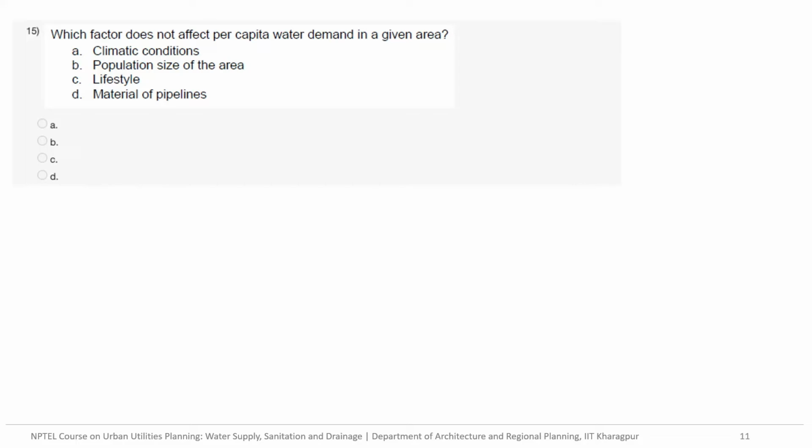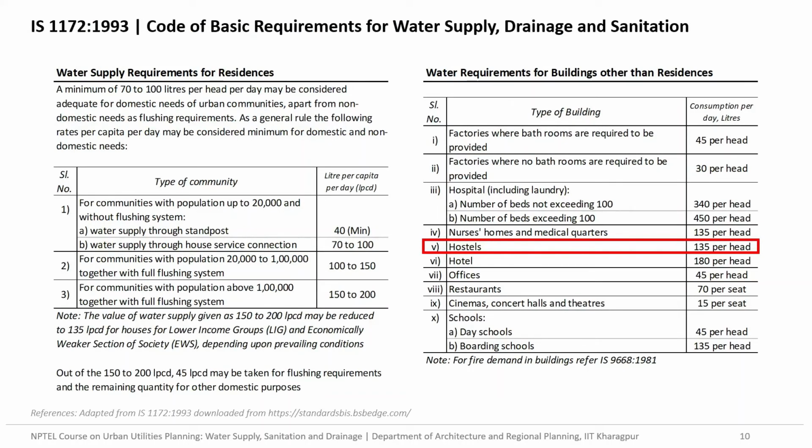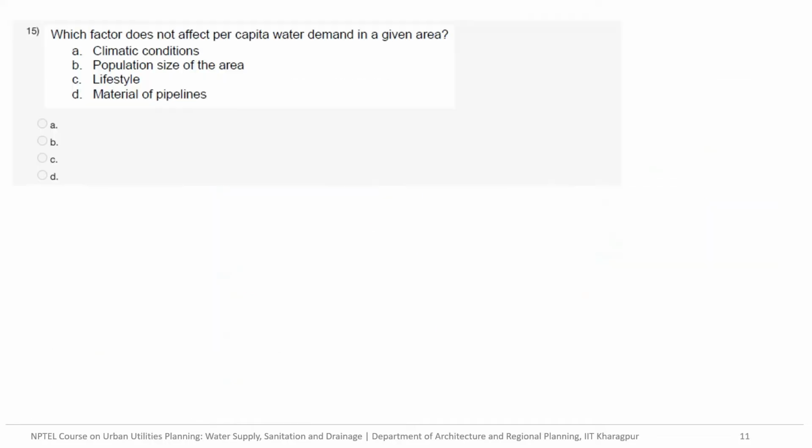Say population size of the area, as we had just seen, a population less than 20,000 would cater to a smaller LPCD. Population more than 20,000 will have a higher LPCD. Why is that the case? Basically, there is a minimum amount of water consumption per city, no matter what the size of the city is. In other fields, we may call it fixed cost.